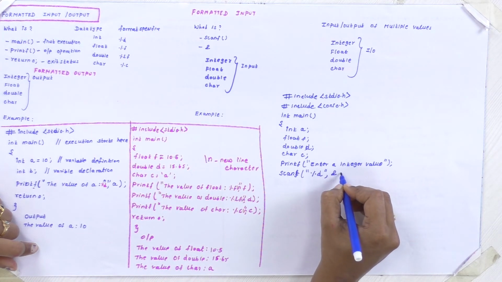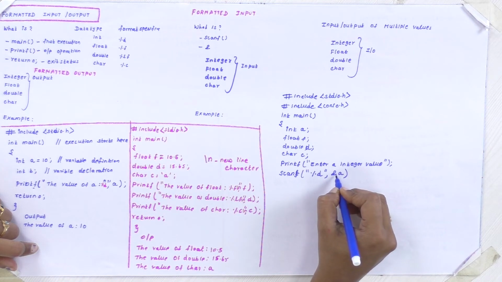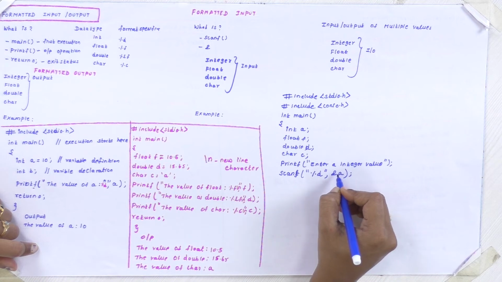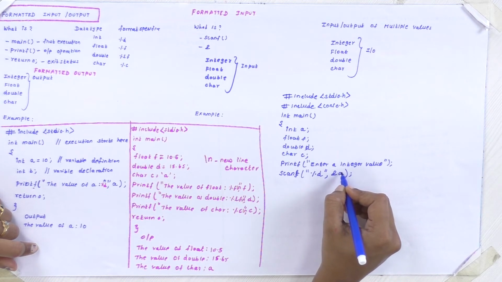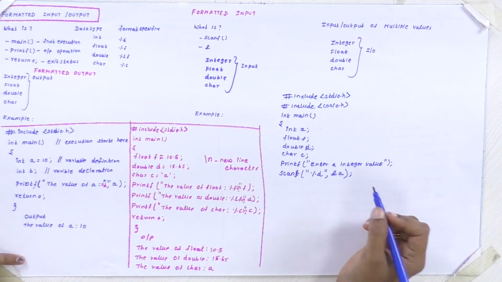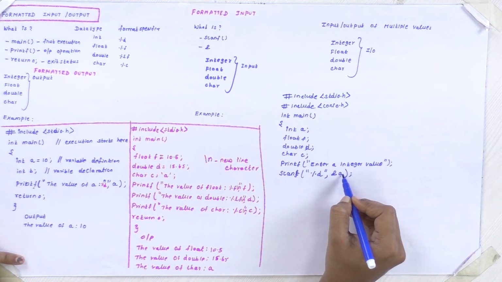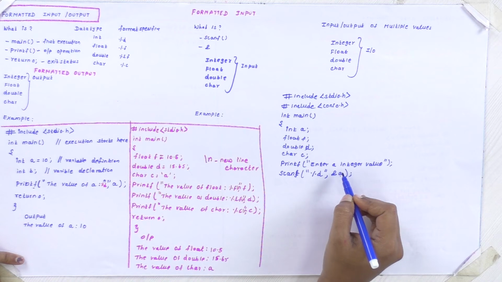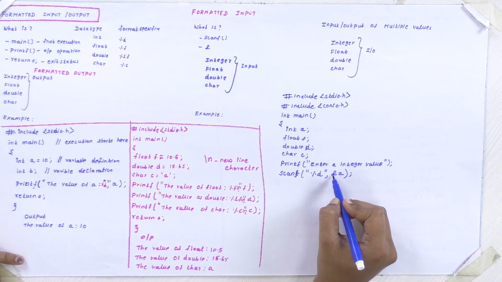Ampersand refers to the address of the variable. When the user types a value, it will store the value in the address. For example, &a refers to the address of the variable, and the value will be stored in this address.